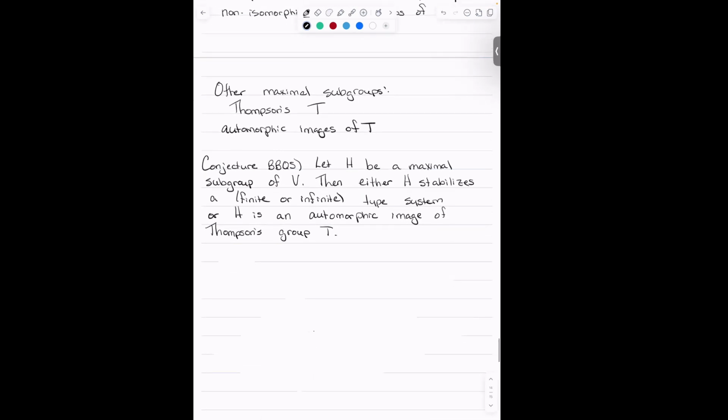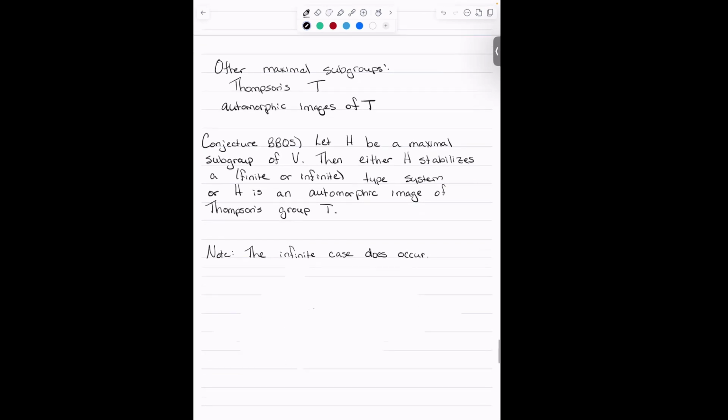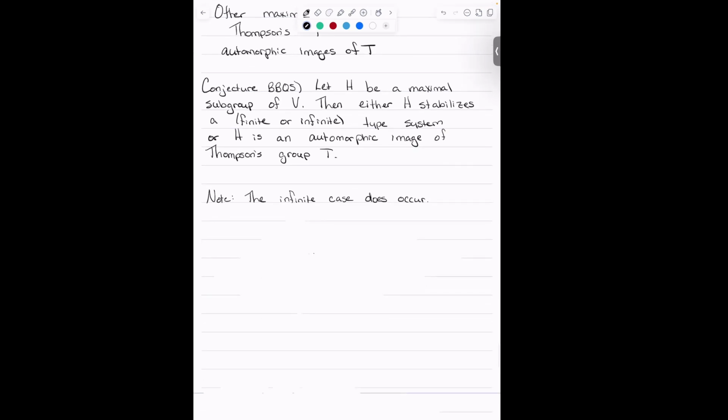I'll say a few more words about that in a moment, but one thing that's worth noting is that we definitely do get infinite type systems that are giving maximal subgroups. A really standard example that one can build is if you take the ray stabilizer, but you take the ray to be irrational, meaning the sequence of zeros and ones giving you the ray does not repeat.